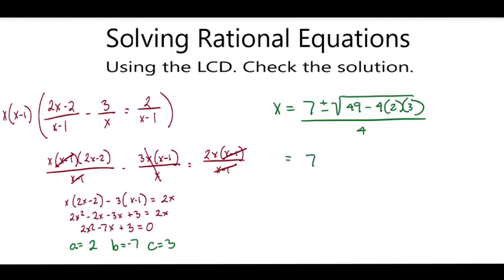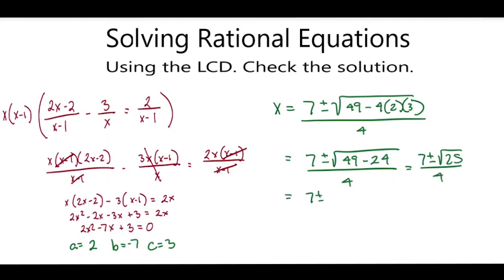So this is 7 plus or minus the square root of 49 minus 24 over 4. And that's going to be 7 plus or minus the square root of 25 over 4. So that's 7 plus or minus 5 over 4.